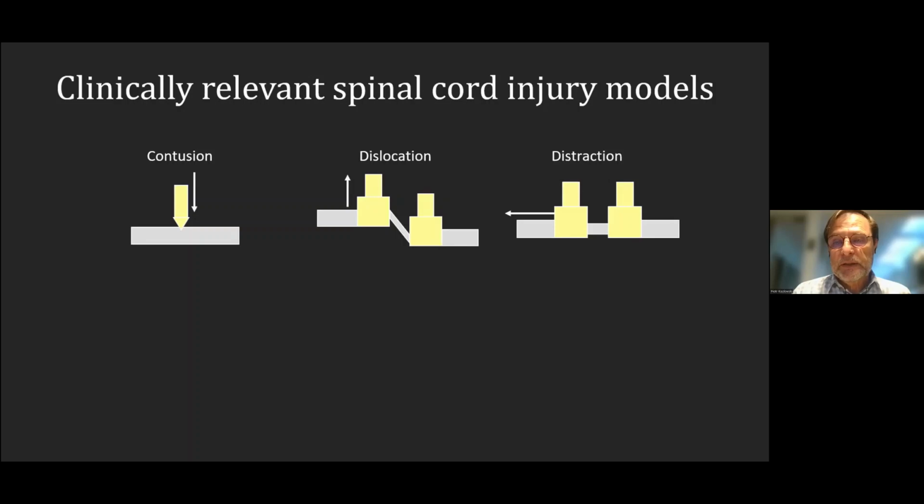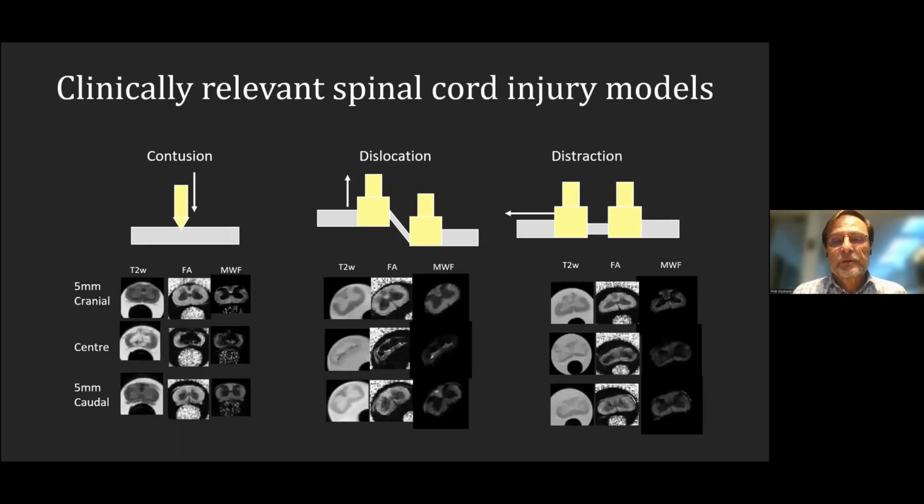Okay, so just the last section, a couple of slides. With regards to clinically relevant spinal cord injury, I mentioned these three: contusion, dislocation, and distraction. Contusion is probably the most commonly used injury model. Dislocation is where there's a shift between neighboring vertebrae, which results in damage to the cord.